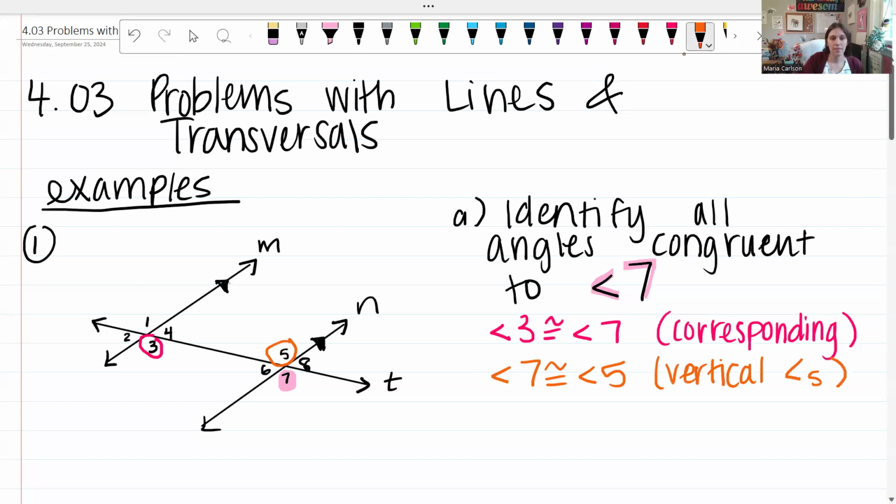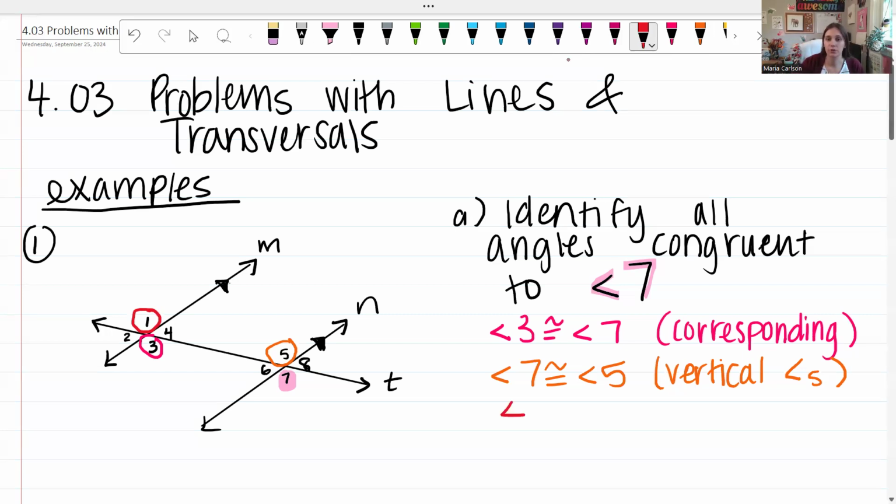All right. And then I also know 7 is an exterior angle. It's on the outside of the parallel line N. And the alternate exterior angle to angle 7 would be angle 1. So 7 is kind of below transversal T outside of the parallel lines, and 1 is above transversal T on the other side.